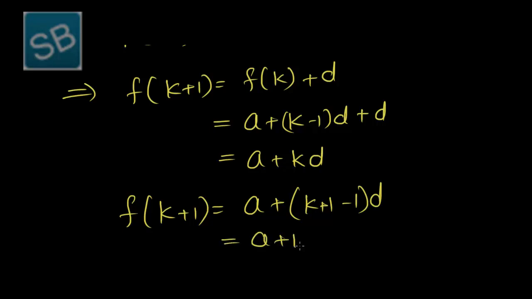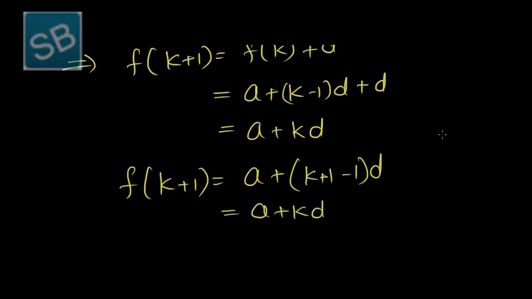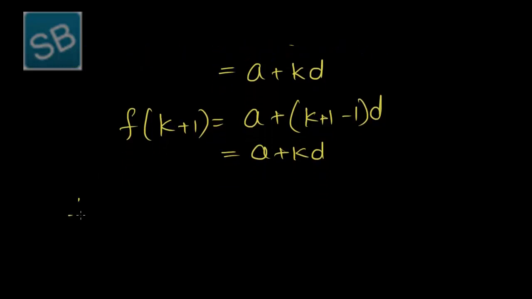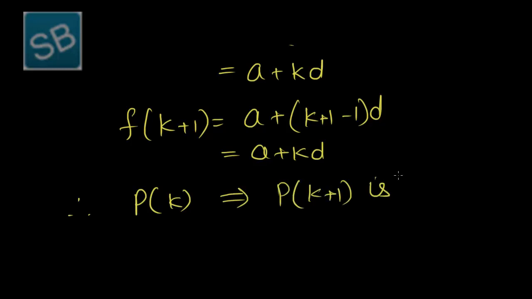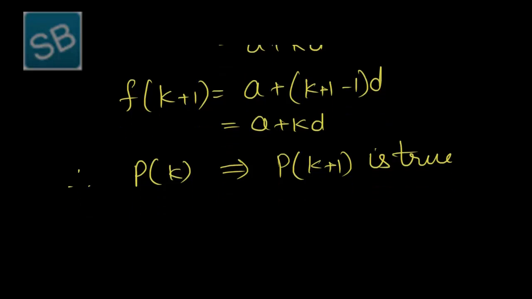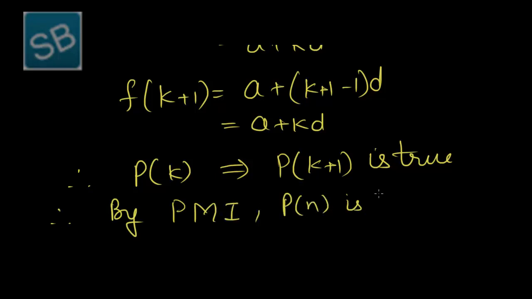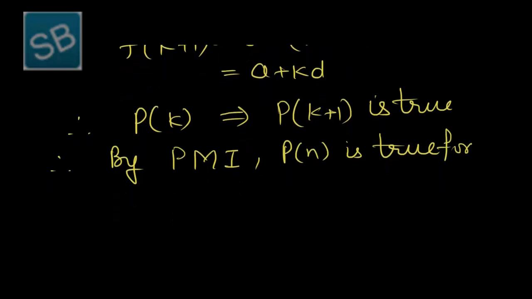That gives a plus kd. Therefore we get the same result as f of k plus 1 by putting in the formula. Therefore, Pk implies Pk plus 1 is true, as Pk, a plus k minus 1 times d, is used here. Therefore, by the principle of mathematical induction, Pn is true for all n belongs to N.